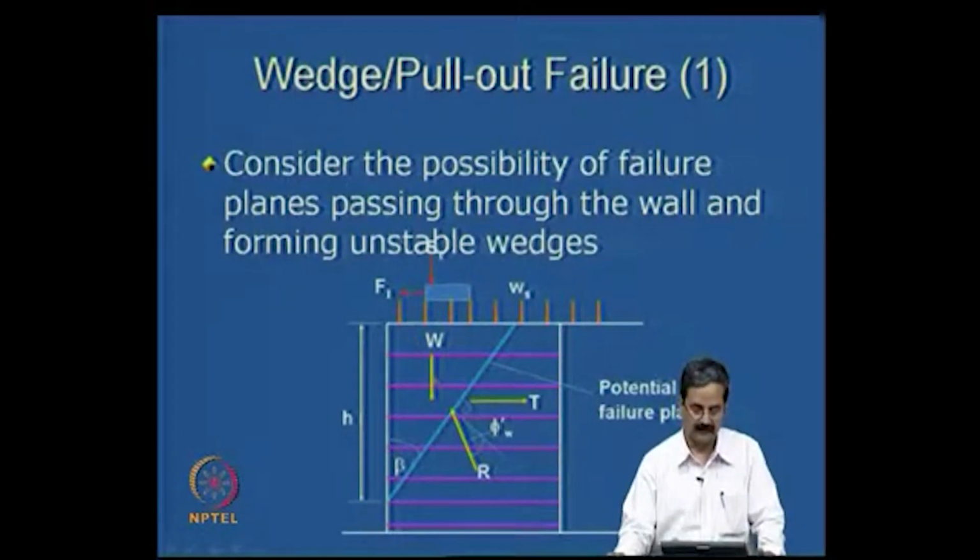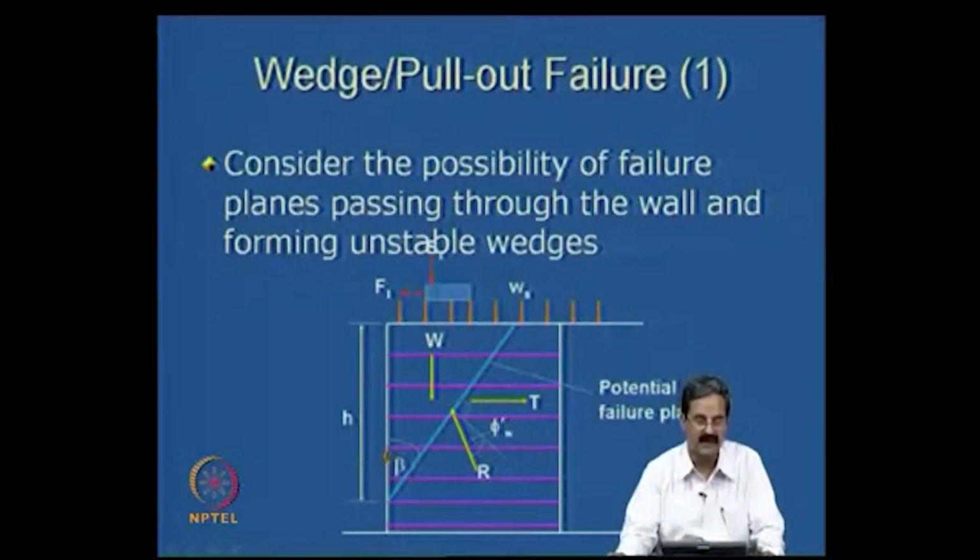So we are trying to take a wedge here with an angle beta, and because of the weights W and all that, there is a resultant force which has an angle phi with W, and then you have a tension force T which will be required to keep all these things in equilibrium. That is what we try to find out.